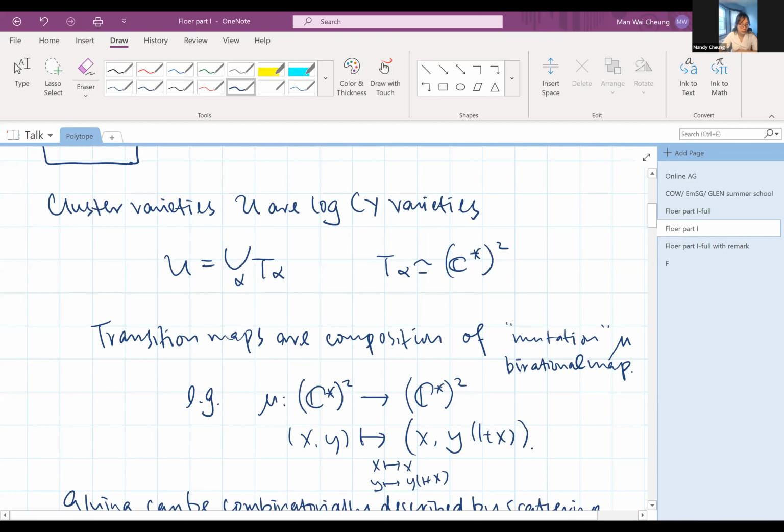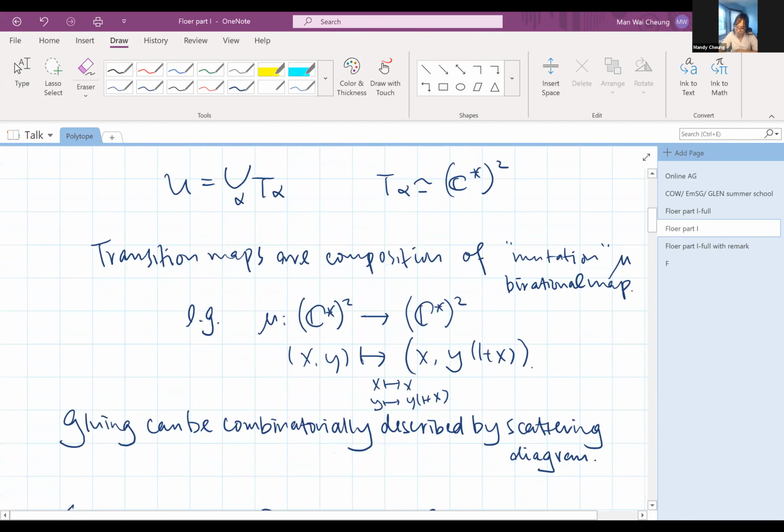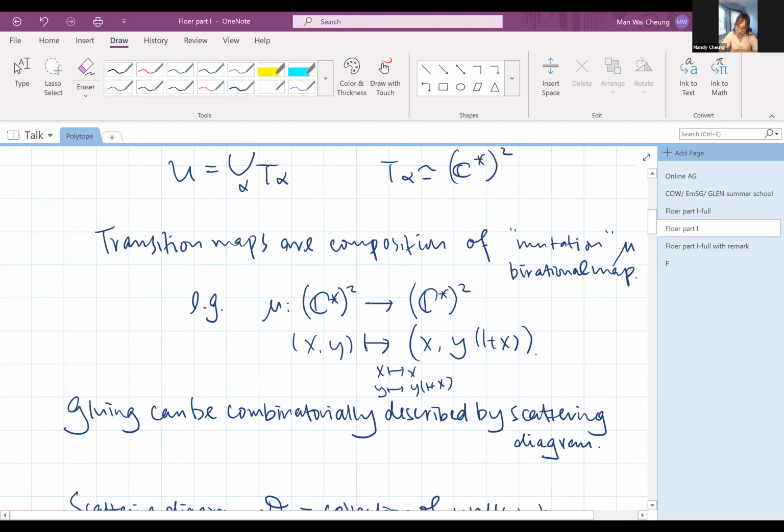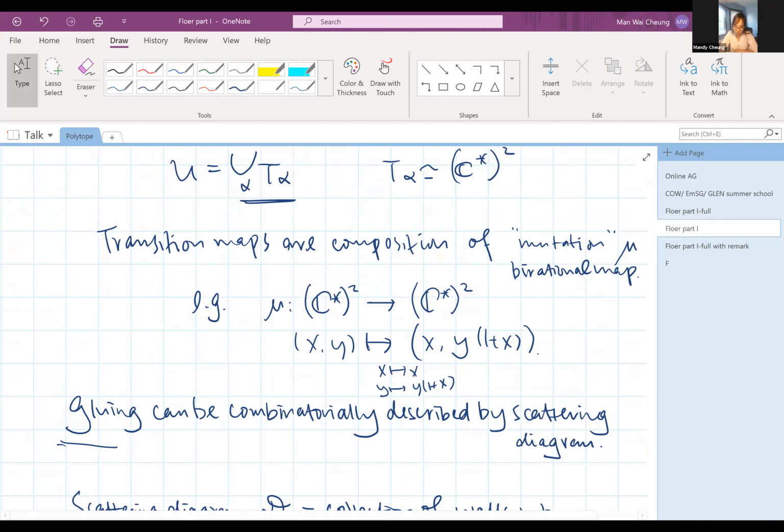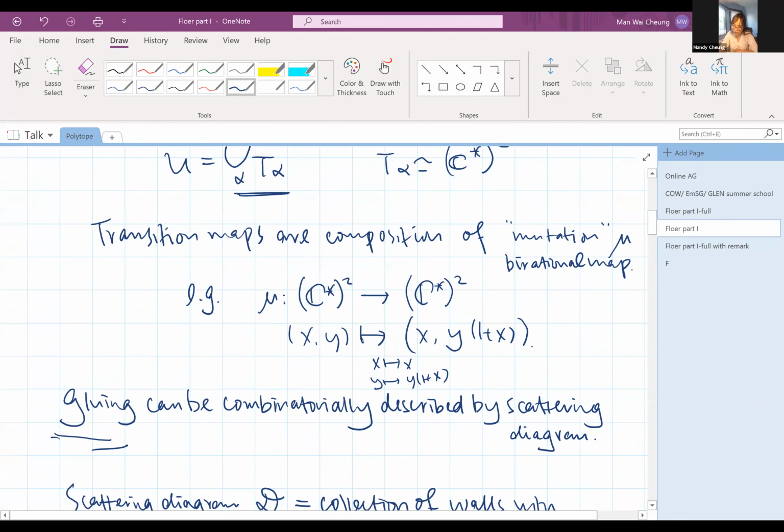This is one example of our mutation map. And then we have the gluing of the tori. In cluster theory, in the work by Gross-Hacking-Keel-Kontsevich, this gluing can be combinatorially described by the object mentioned in the first two talks today, which is a scattering diagram.